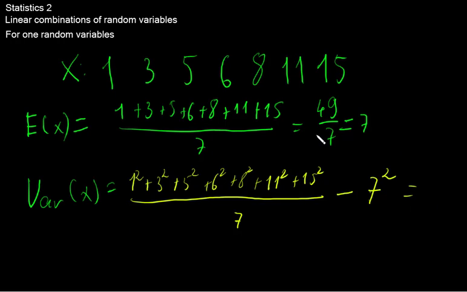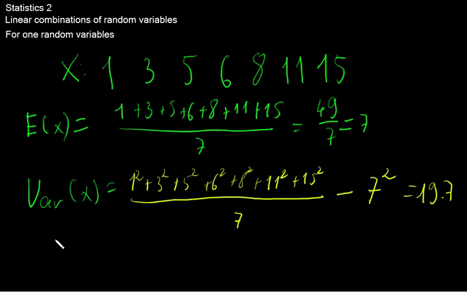This is a formula that will be in the formula sheet, so I would recommend that you have your formula sheet with you to do these exercises. So the variance is equal to 19.7. So the expectation of x is 7 and the variance of x is 19.7.